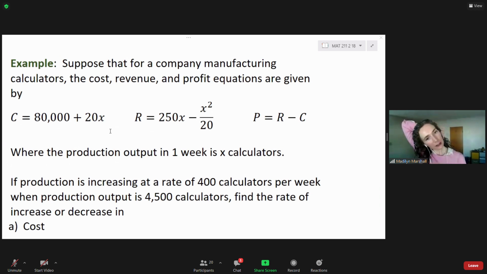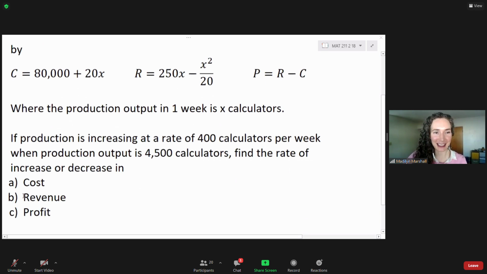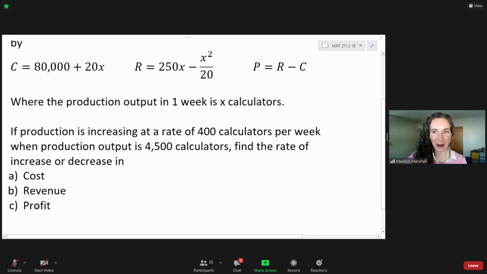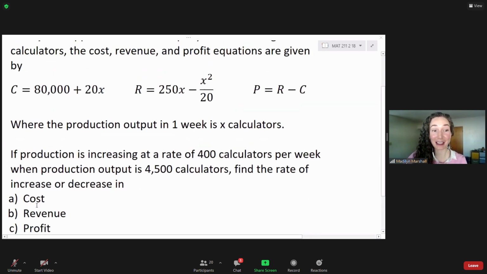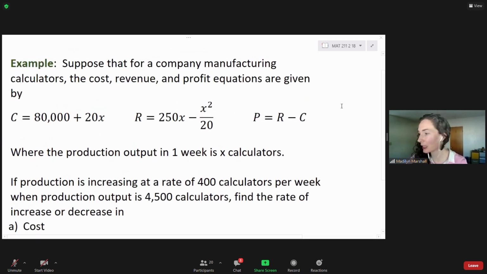I'm going to give you a bit to read through this problem and take your notes. I can't fit it all on here, but we're going to start with cost anyway, so I'll just leave that one up on the screen.